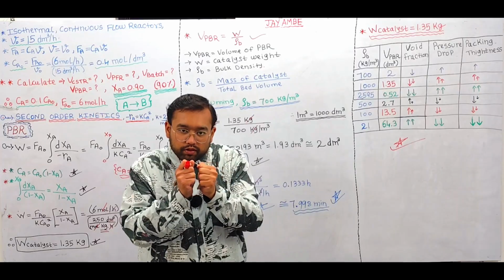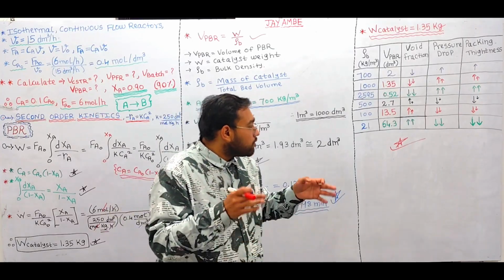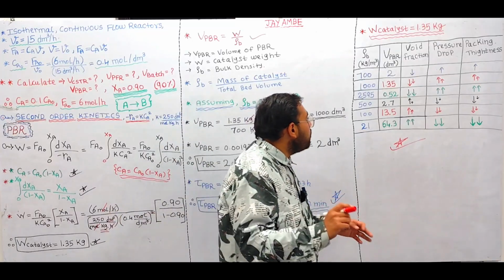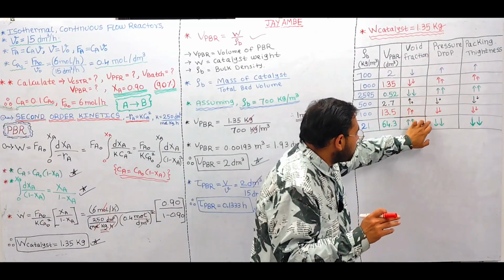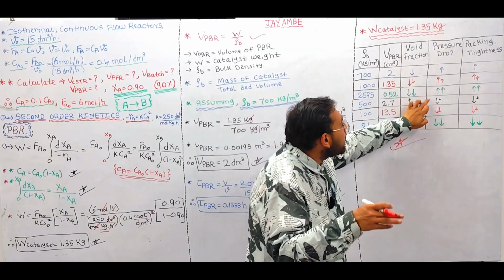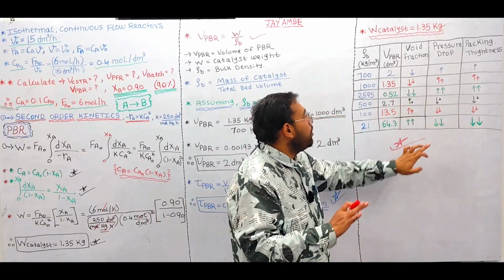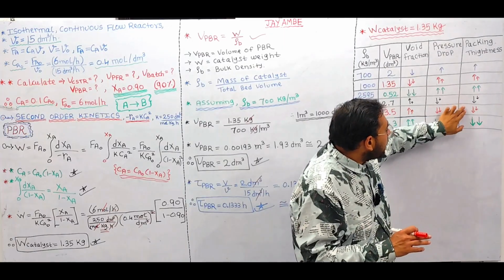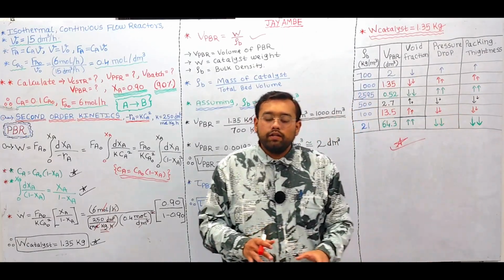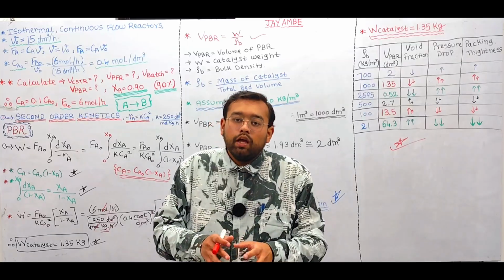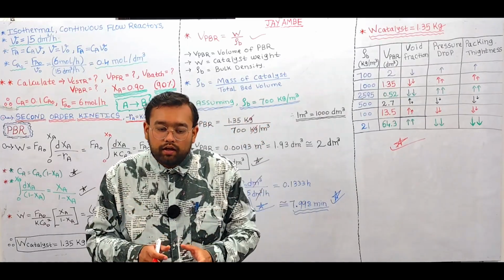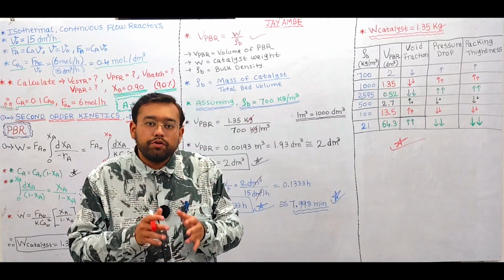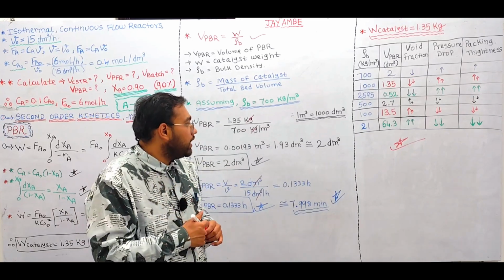Due to the increase in the void space between the solid particles, we will observe a decrease in the pressure drop, and the packing tightness will decrease, which means the bed is becoming less tight. The packing tightness of the catalyst bed decreases due to the decrease in the bulk density.